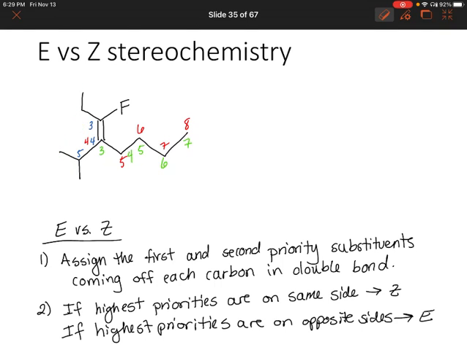All right, so I'll just rewrite that numbering scheme. Hopefully I don't erase too much of this molecule. There we go. Let me just fix these bonds here and we'll rewrite that numbering scheme. All right, so 1, 2, 3, 4, 5, 6, 7, 8. And we also gave the double bond the lowest number possible.